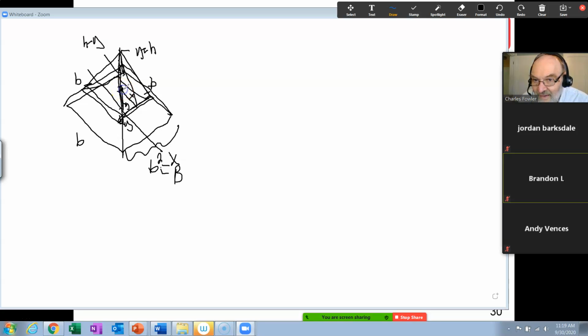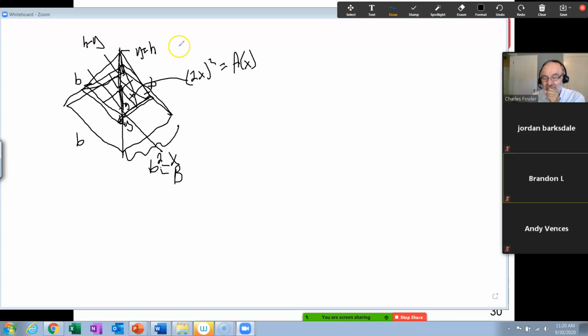This is x, and 2x is going to be the length of that, and that will be the same here. This will be 2x here too. So this base has an area of 2x squared. That is A of x, but we need that to be A of y.